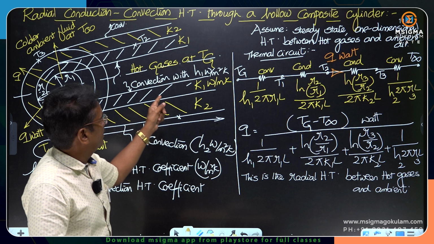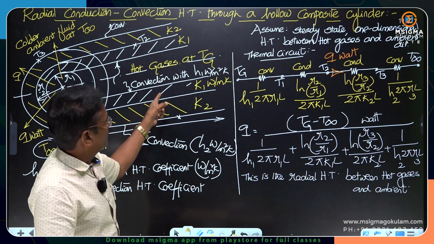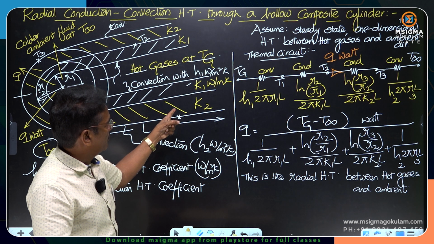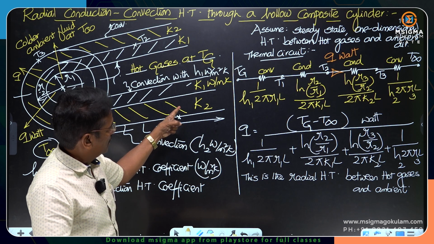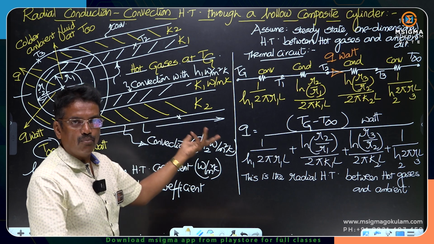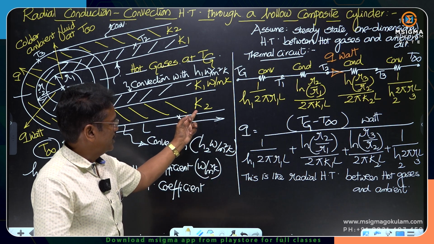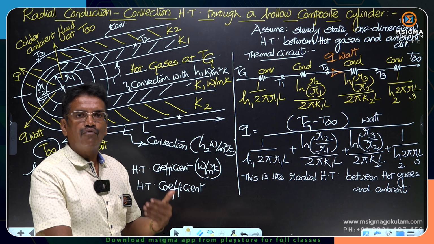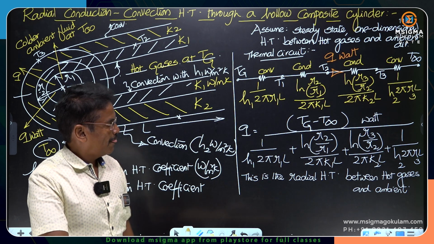If this is a metallic pipe material, definitely this resistance will be lesser. If it is an insulating material like asbestos or glass wool, definitely that will offer more thermal resistance because K is low. For the insulating material, K is low, so it is expected to offer more thermal resistance.